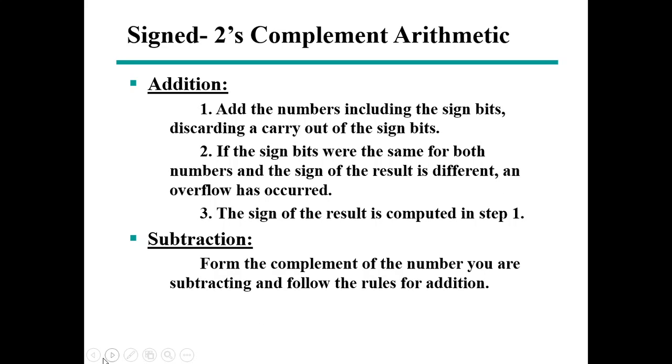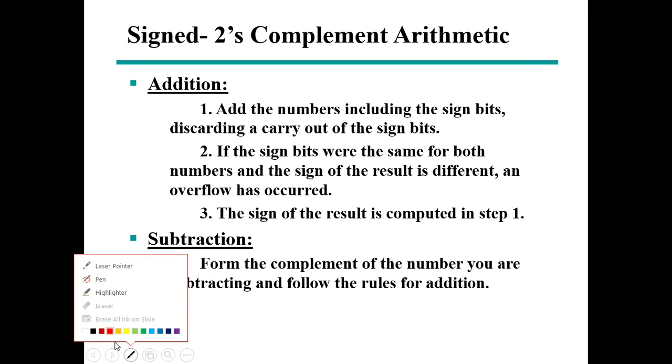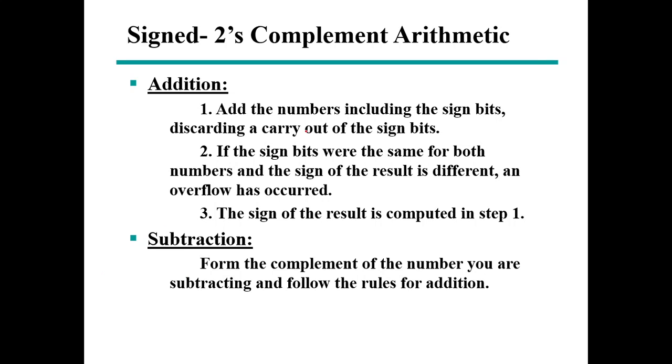2's complement notation says that if we have a number and that number is a positive number, if you want to represent it in binary, you just convert it into its binary equivalent form.